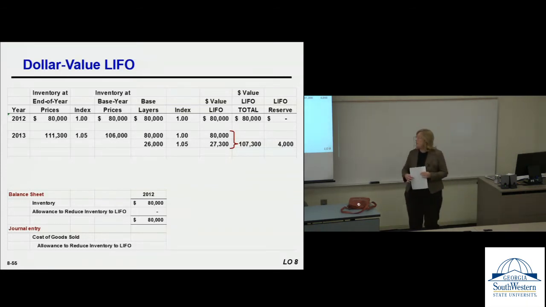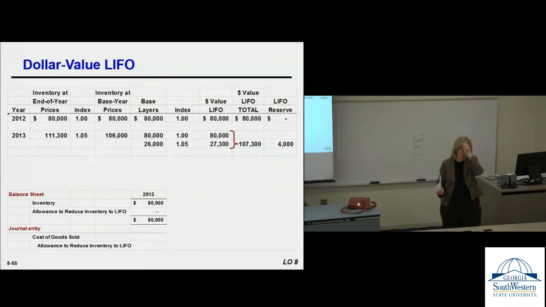Now in the second year, when we went and counted the inventory, we got 111,300 worth of items in current year prices, end of year prices, okay? Now what do we do? We divide that by 1.05. And when we divided it by 1.05, we got 106,000.